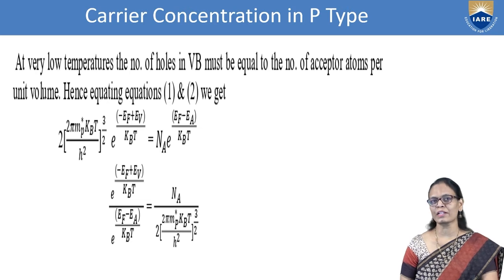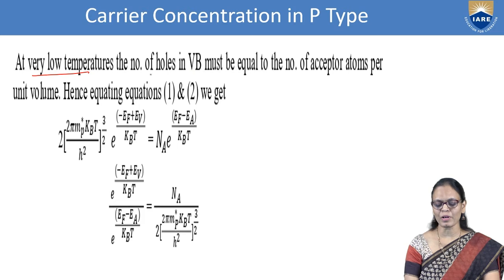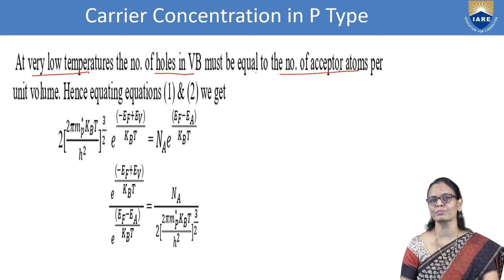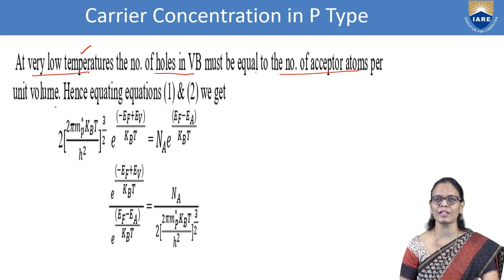Now what we have understood is that at very low temperature, the number of holes in the valence band must be equal to the number of acceptor atoms per unit volume. This is what we have discussed. Because we are adding impurities, holes are being generated in the valence band, and at low temperatures the number of holes in the valence band must be equal to the number of acceptor atoms per unit volume.